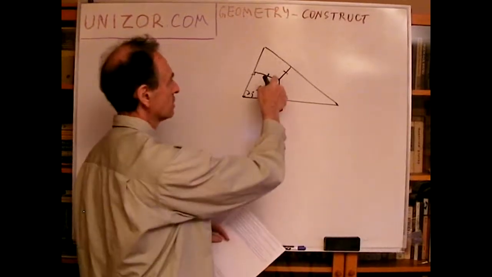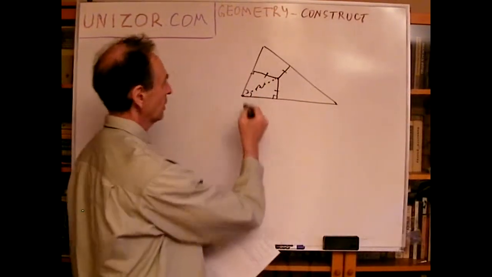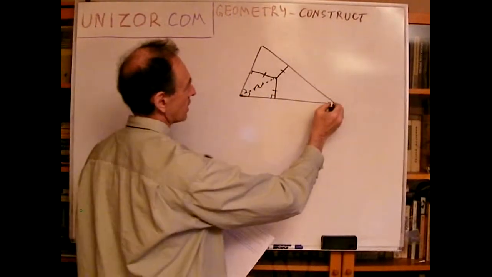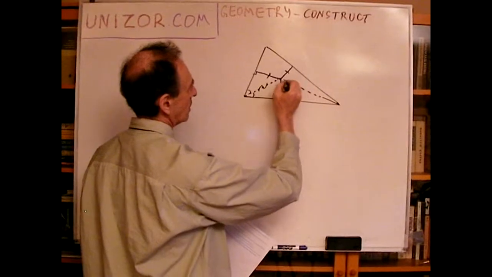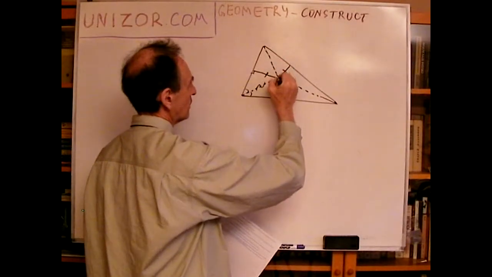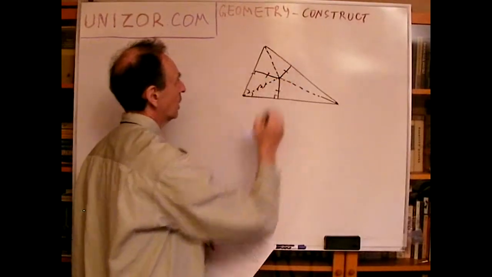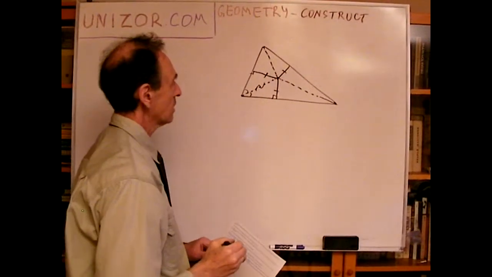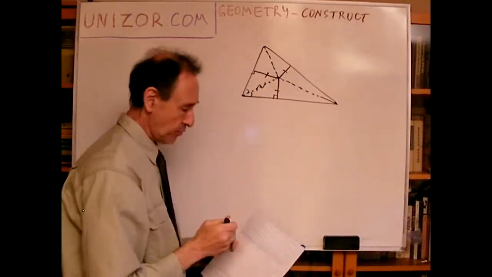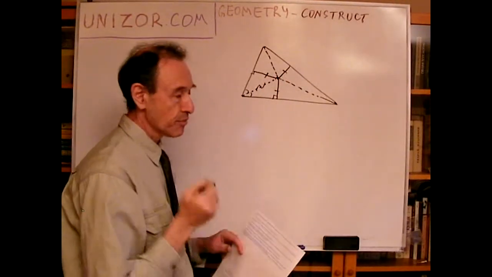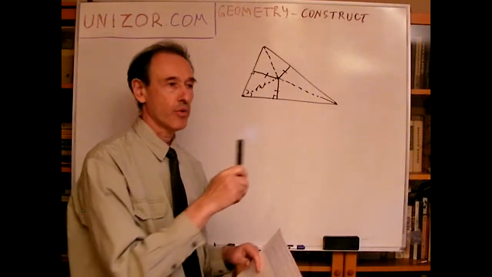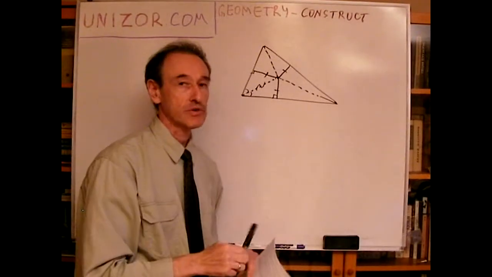How to construct this point? Well, very simply. We just bisect this angle, then we bisect this angle, and at the crossing we will have the point. By the way, if we draw the third angle bisector, it will also fall on the same point, and the proof is exactly similar to the proof for the point equidistant from the vertices.